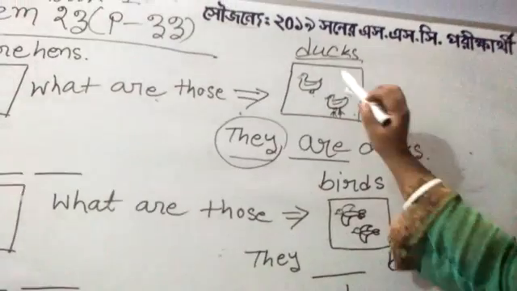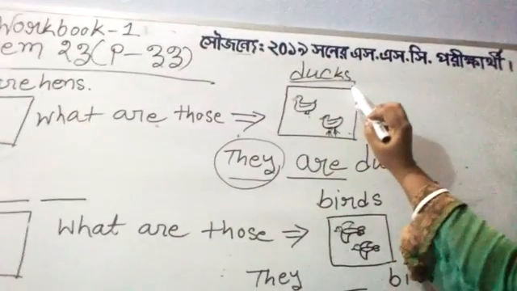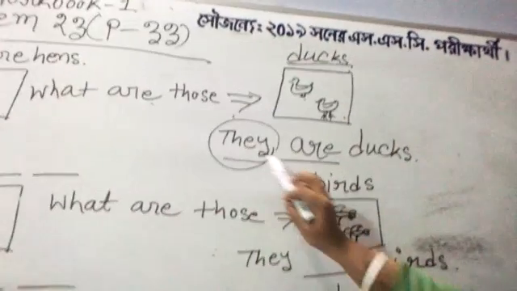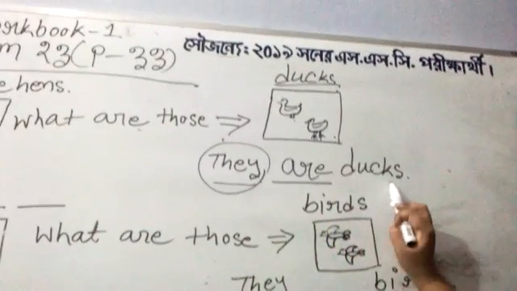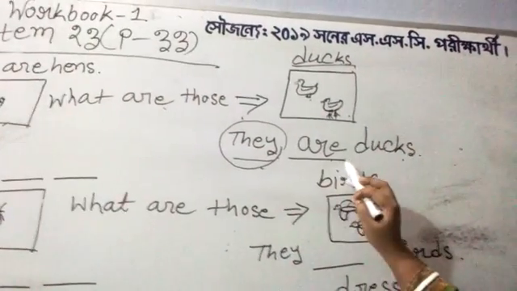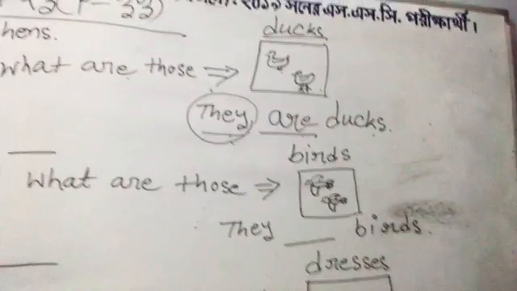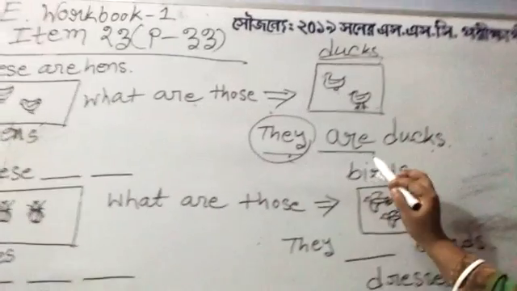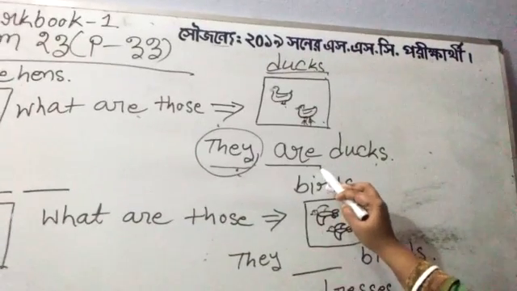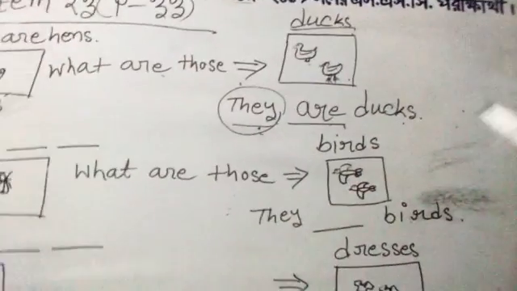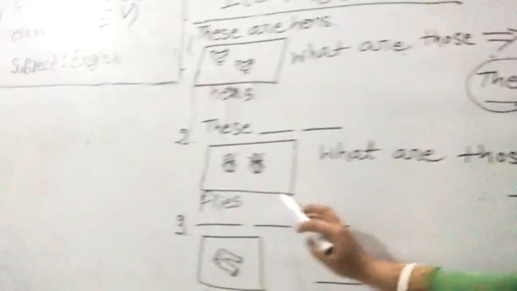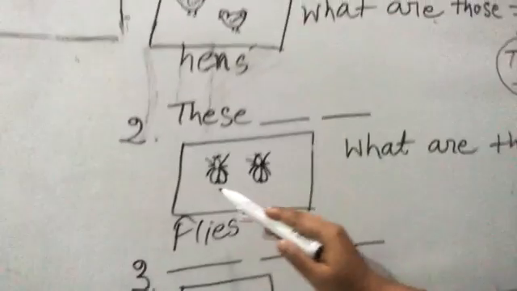See, this is the picture of ducks. So that's why we have to write they are ducks. They is already given. You have to put the auxiliary verb seeing the pronoun. For the pronoun they, what will be the auxiliary verb? Are. Now coming to the next picture, number 2, there are some bees or flies.